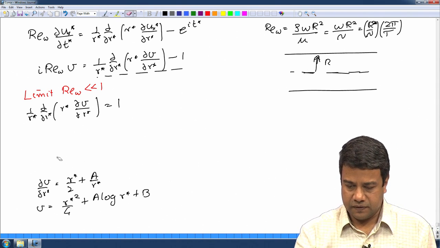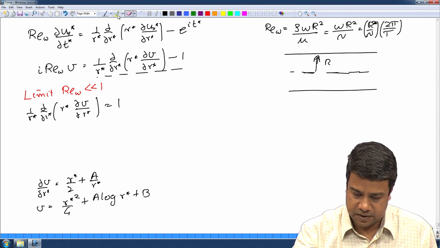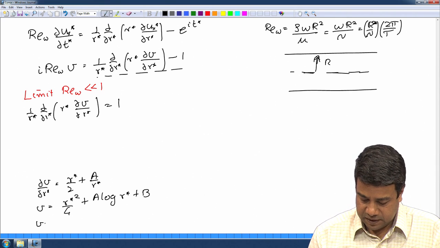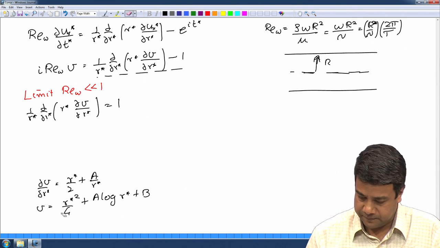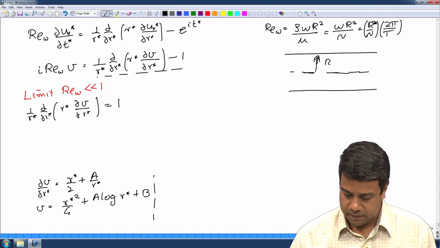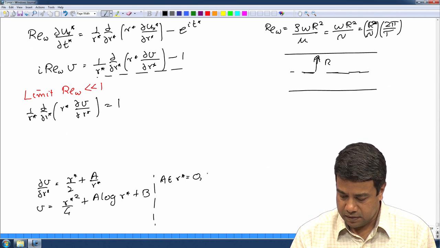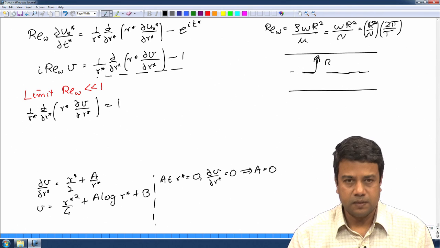The requirement that the velocity has to be finite at r is equal to 0 means that a has to be equal to 0. I require that the slope of the velocity, dv by dr, is 0 at r is equal to 0, which implies that a equals 0, because a goes with a logarithmic function.